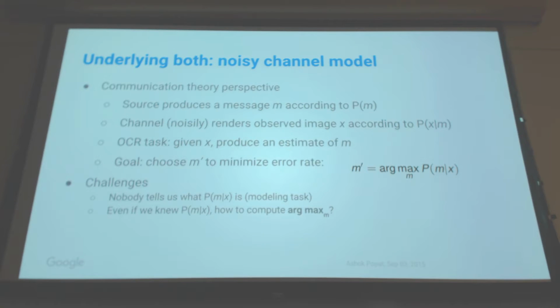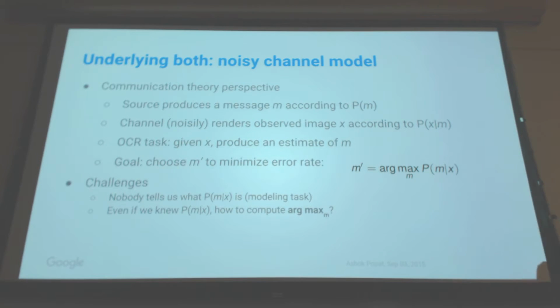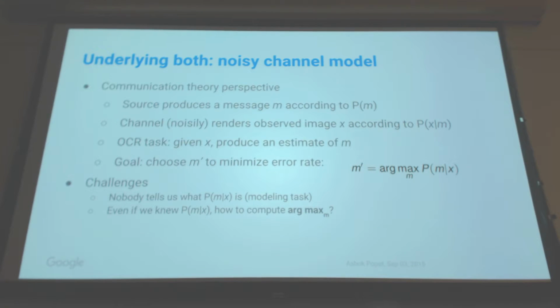That has a conditional probability. This is the channel, the conditional model. The OCR task is, given this observation X, which in this case is the entire text line with whatever distortions it contains, to produce an estimate of what the real message must have been that was produced by the message source. One plausible objective would be to minimize the error rate.